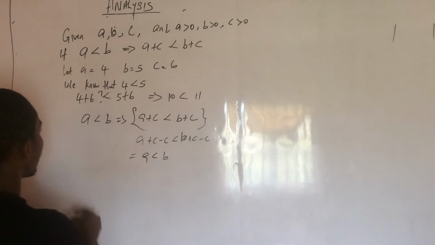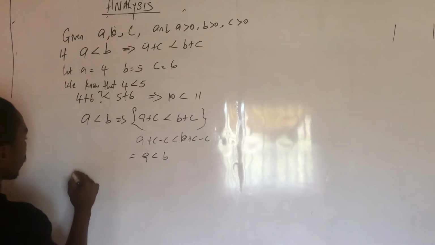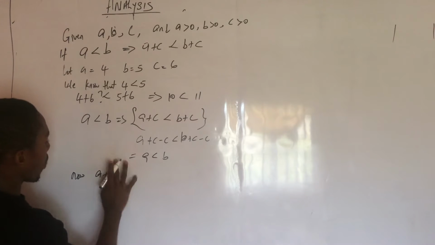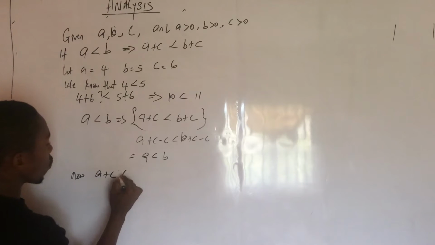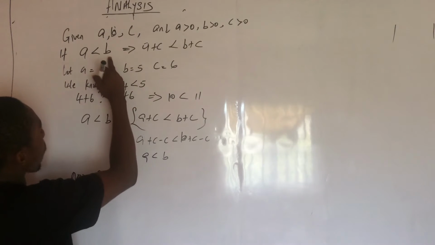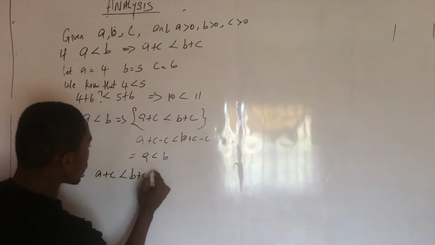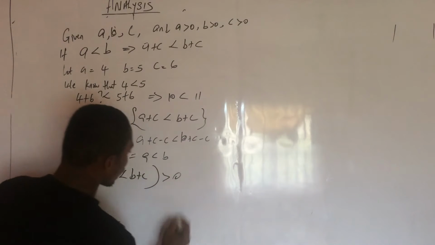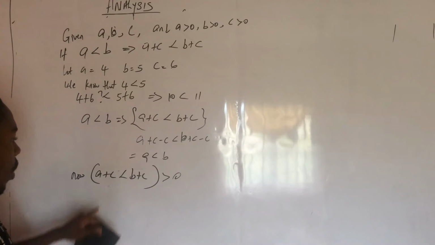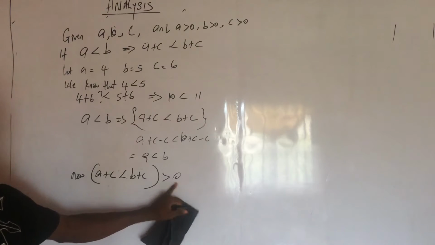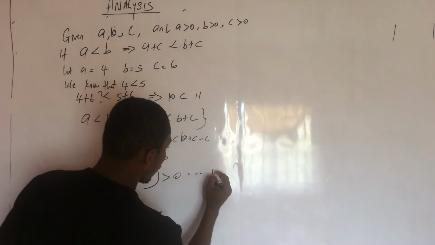Now what happens here? A plus C, which is less than B plus C, must be greater than 0. That is 1.